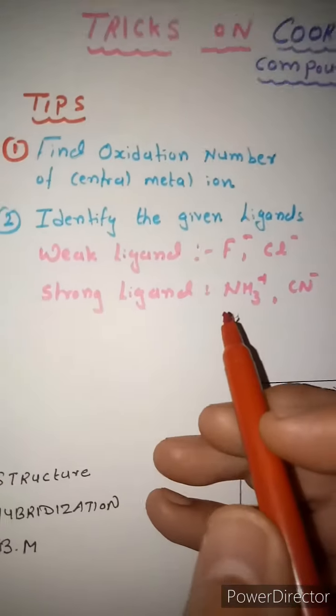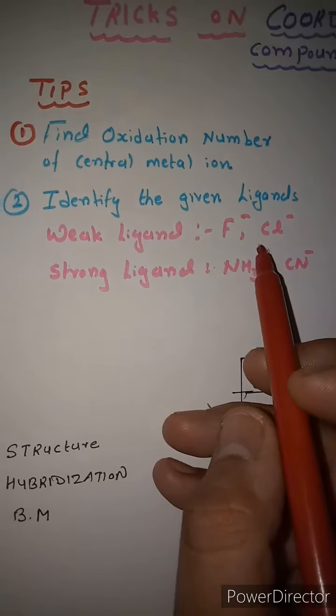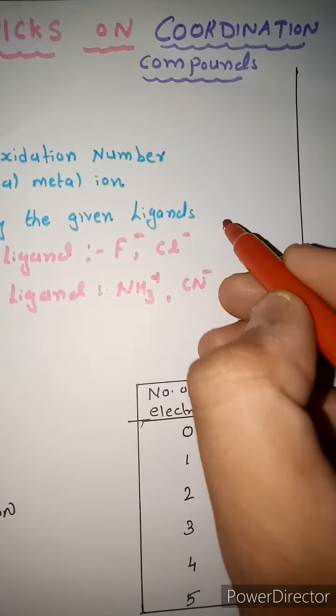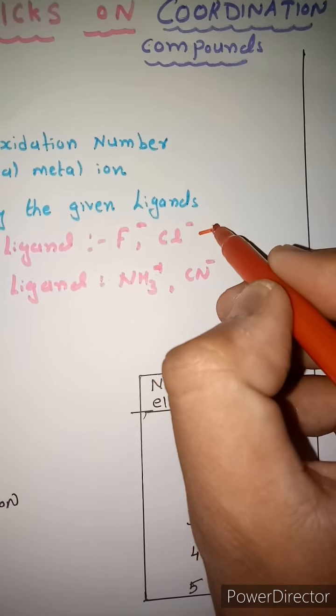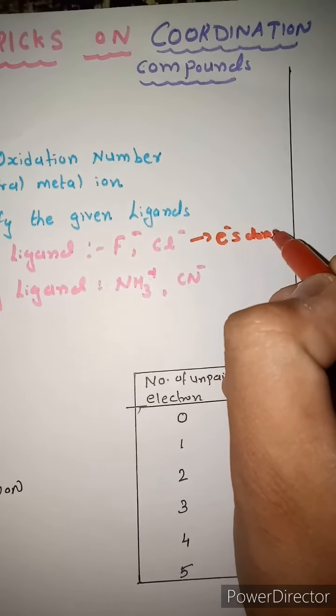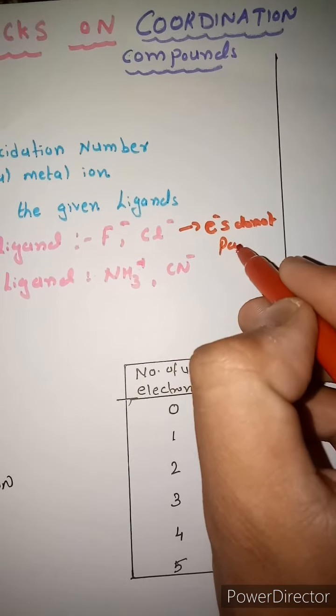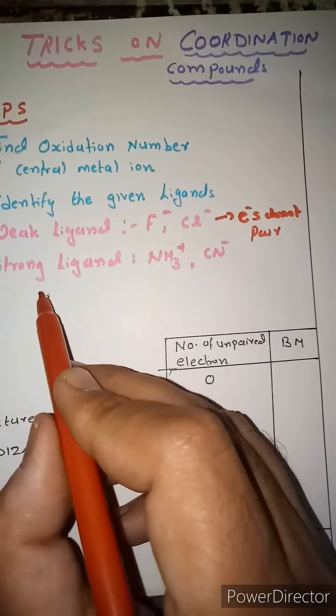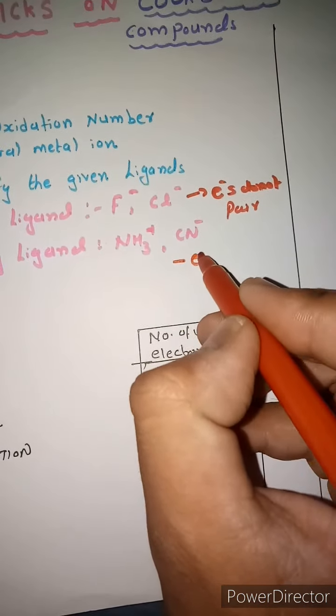Now what about the weak ligands? When you find F and Cl, which are weak ligands, what happens over here? The electrons do not pair. Whereas in the strong ligands, electrons are paired.